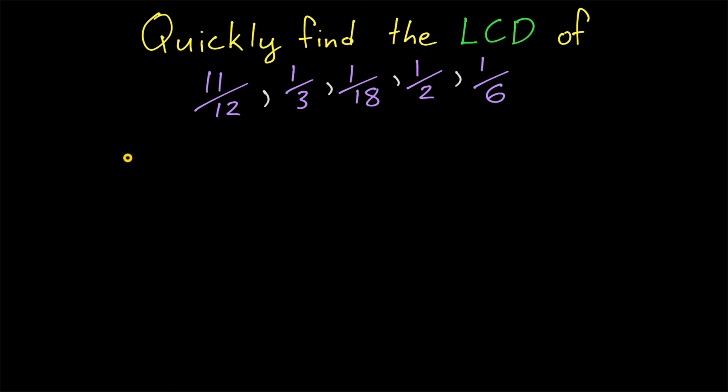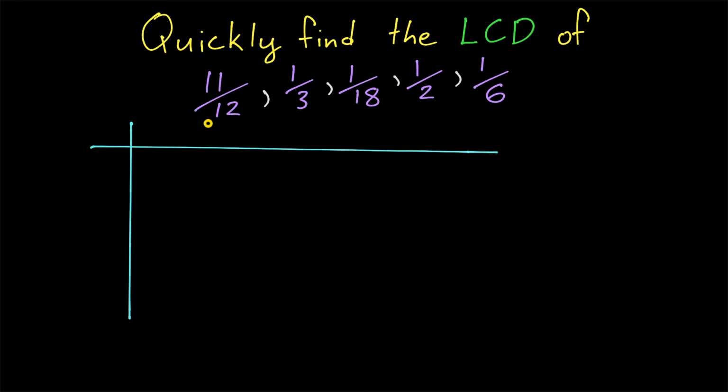Well, if I had to find the least common denominator, I would do it in a table such as this. So I would just basically draw myself a little table. In the first column of the table, in the left margin here, all I would do is put in all of the denominators vertically.